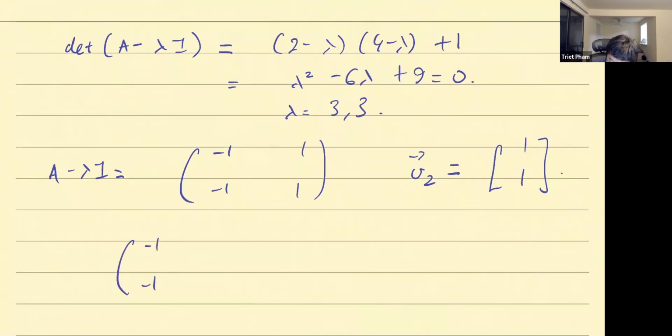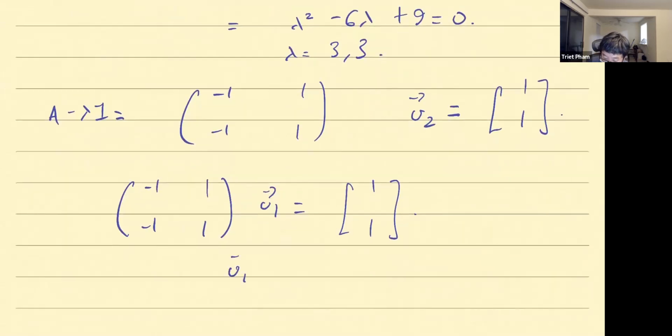V1 will solve this system, and you just have to find a particular solution. So what would be a choice of V1 that works? I think 0, 1 also works.